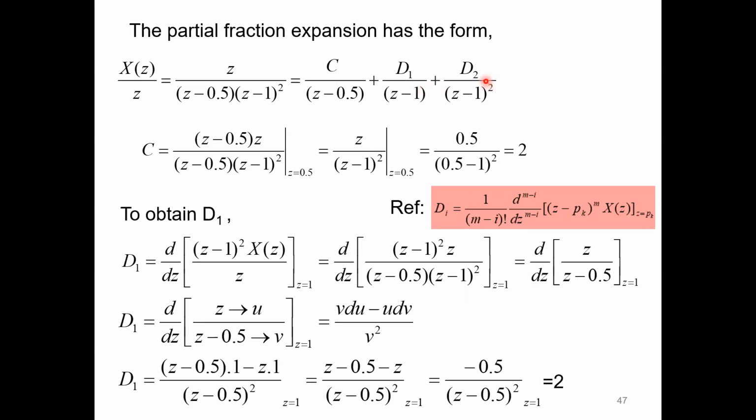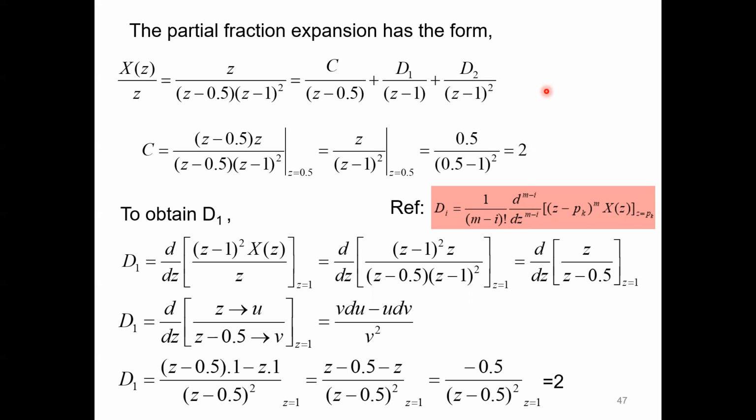And then there's another one, D2 over z minus 1 whole squared. So this is the new thing. Not actually new, but assuming you have forgotten the way of writing the partial fractions. If it repeats 3 times, then you need to write another one, D3 over z minus 1 to the power 3. All of these terms up to the highest order, you have to write.